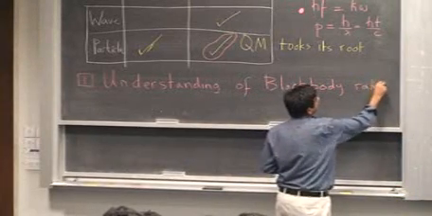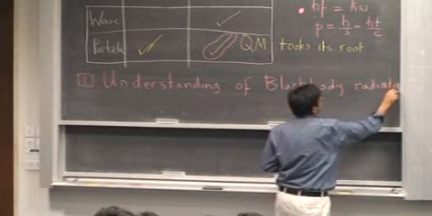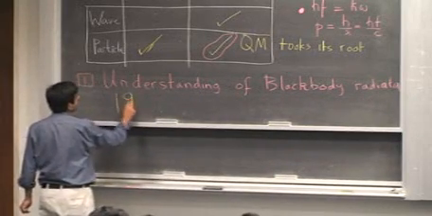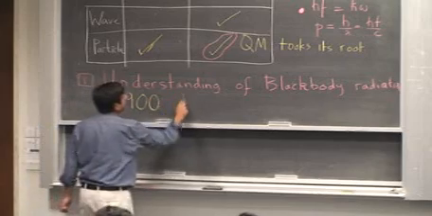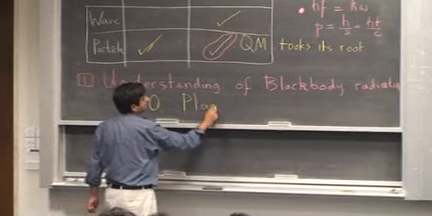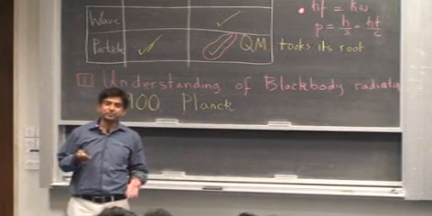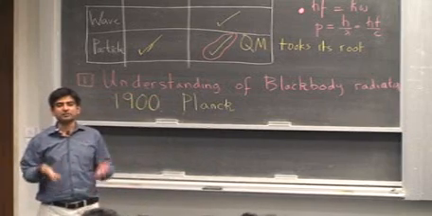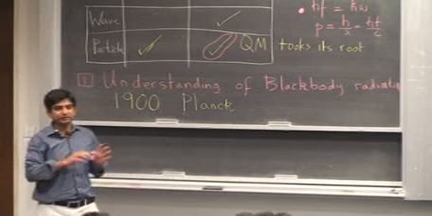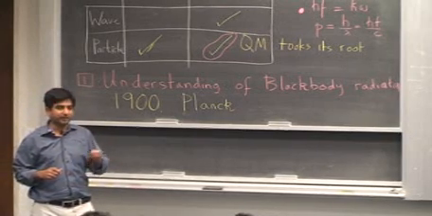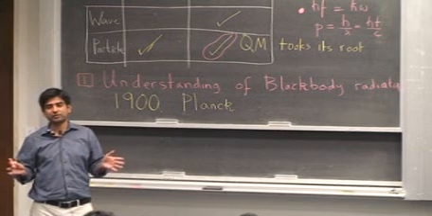And this understanding of black body radiation was done in 1900 by Max Planck. And 1900 is considered to be the year of the discovery of quantum mechanics. This was the first idea that could be hailed as the curtain raiser of quantum mechanics.